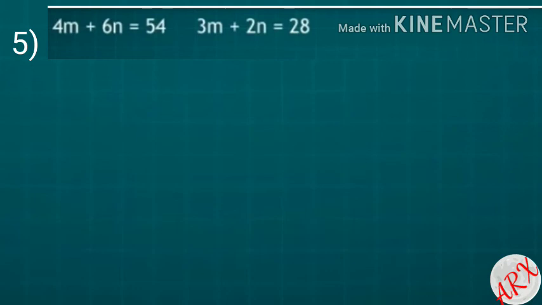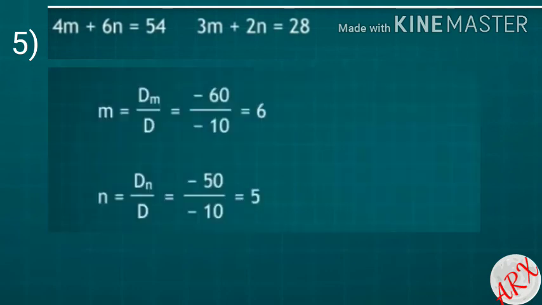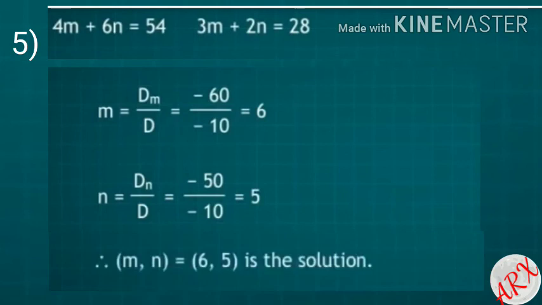Now by Cramer's rule, m equal to Dm upon D and n equal to Dn upon D. So m will be minus 60 upon minus 10 equal to 6 and n will be minus 50 upon minus 10 equal to 5. Hence, the solution of the given simultaneous equations is 6, 5.